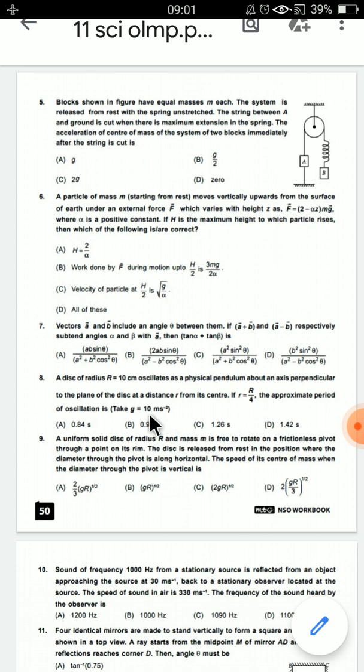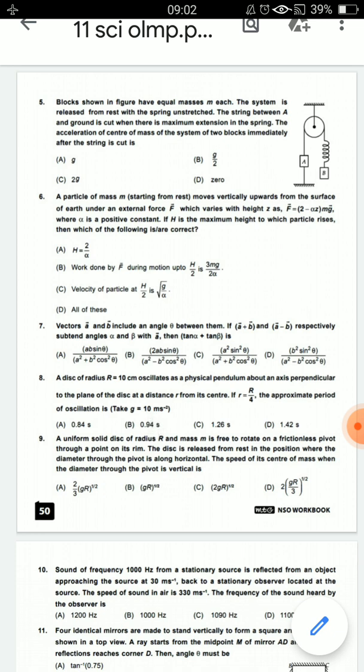Question number 8. A disc of radius R equal to 10 centimeter oscillates as a physical pendulum about an axis perpendicular to the plane of the disc at a distance r from its center.